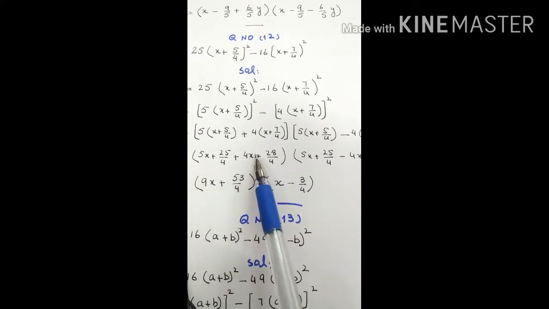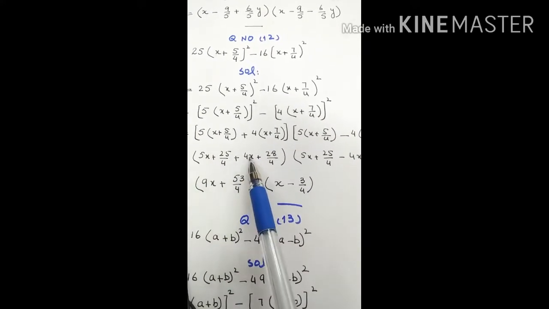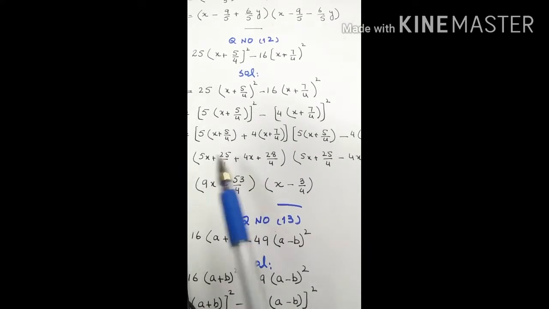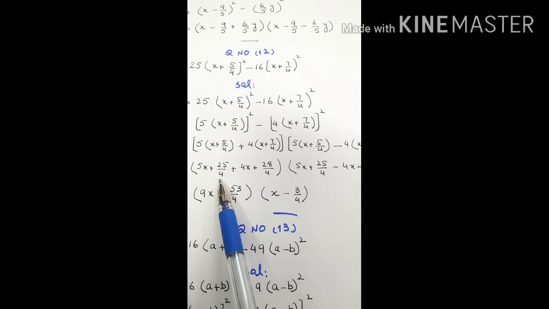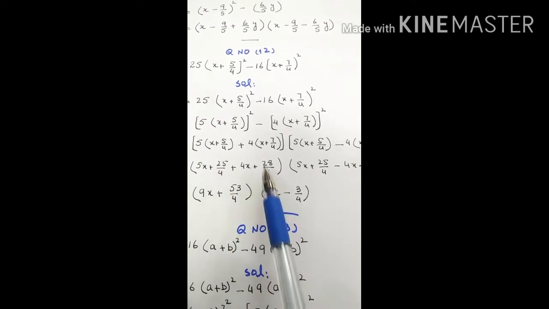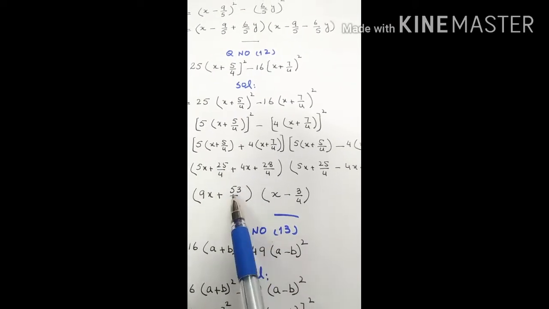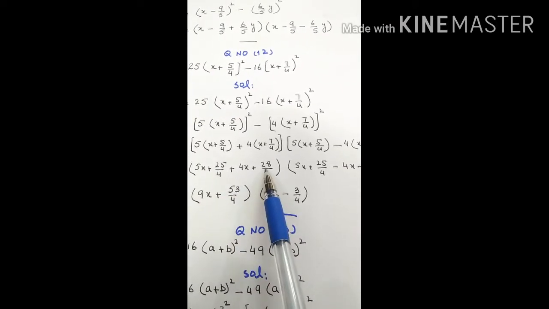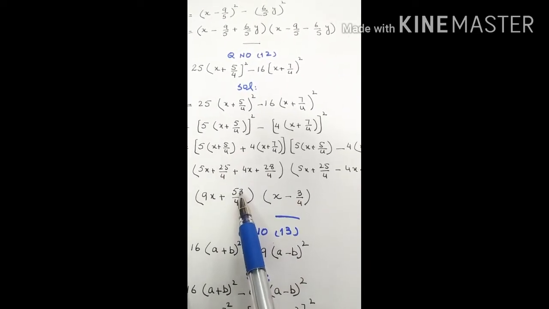But the same terms can be added. This is 5x, this is 4x. 5 plus 4, 9x plus, you are having the same denominator. You must know that if you have the same denominator, the numerators can be added. 4 will remain as it is. Add the numerators: 28 plus 25, that is 53.